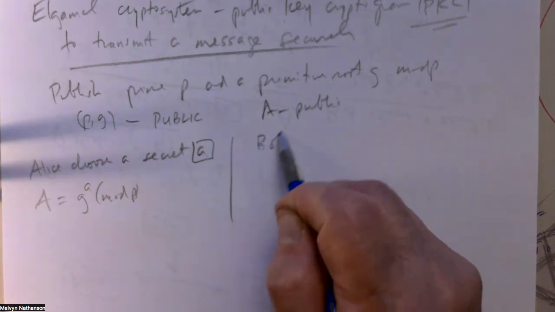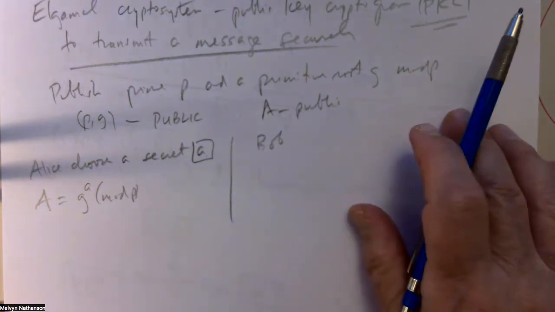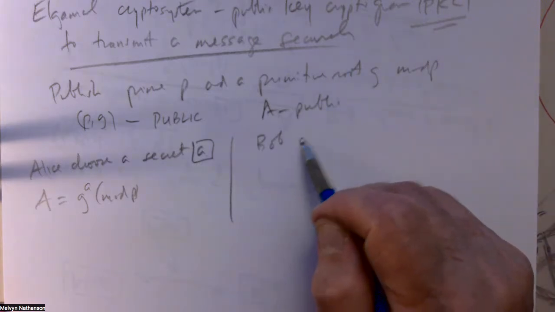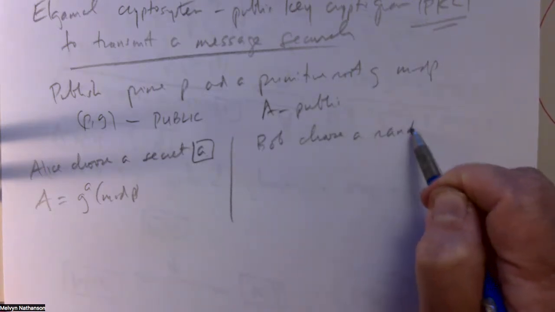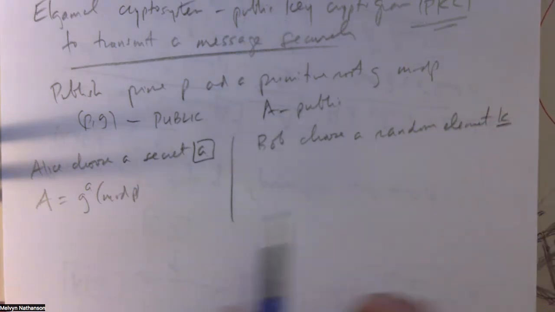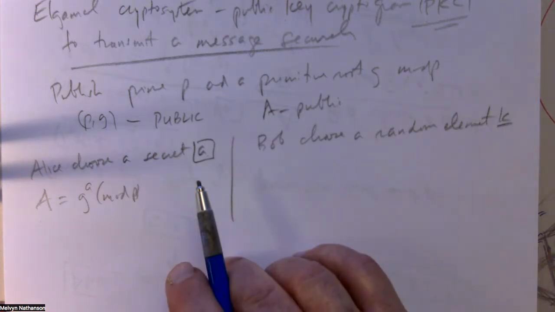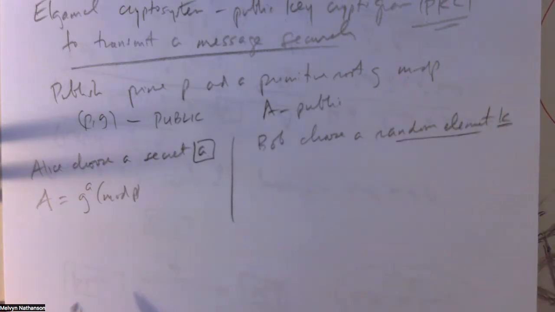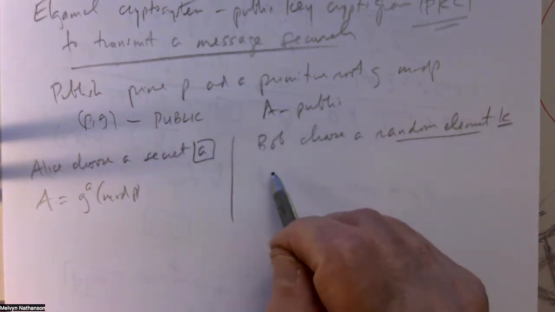So Bob wants to send Alice a message that no one else can understand. So Bob, first of all, chooses a random number, a random integer or a random element. Let's call it k. He's going to choose k, use it once and never use it again. Bob calculates two numbers.